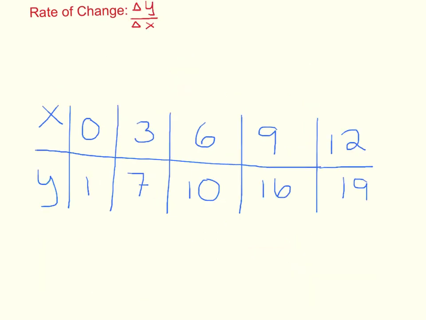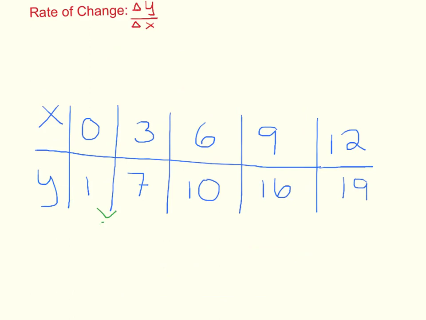Here is example number 2, a table of values, x and y, and we have to determine, does this represent a linear function or a nonlinear function? And that is determining whether or not it has a constant rate of change. So, rate of change, let's figure out how our y values change.